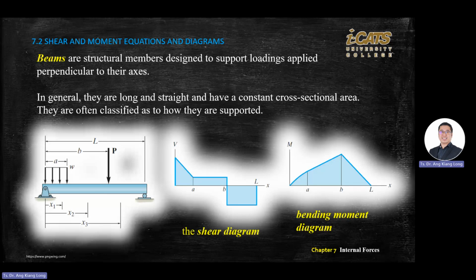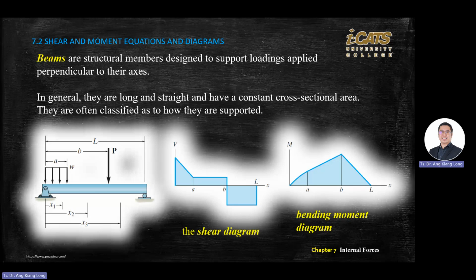It's a positive value. Now, how do you know it's positive? You just imagine if you are this structure and you're pressing here, what will be the shape? The shape will be like a smile. So if you have a smiling structure, your moment diagram usually will be positive. That is some general observation.